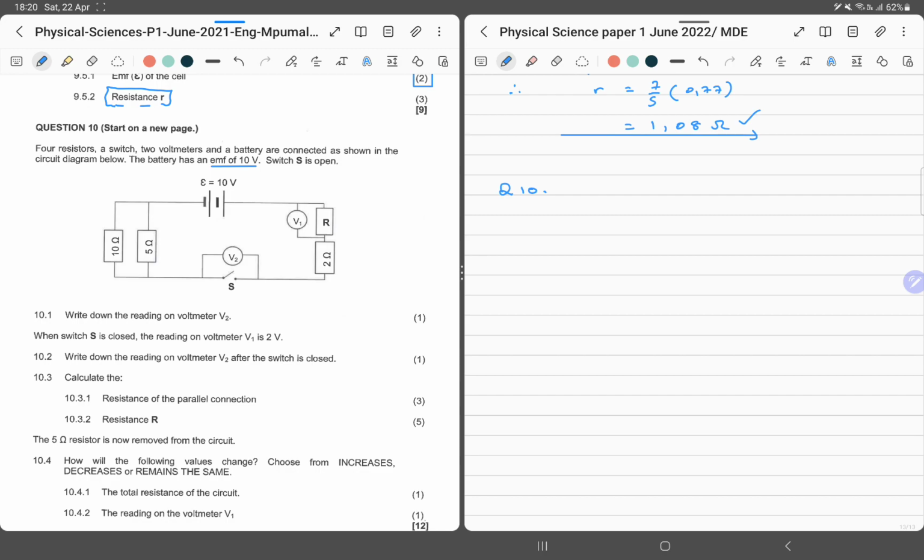When switch S is open, it means what? There will be no current passing through here. If the current is not passing through here, what do you expect? This voltmeter should not have a reading at all.